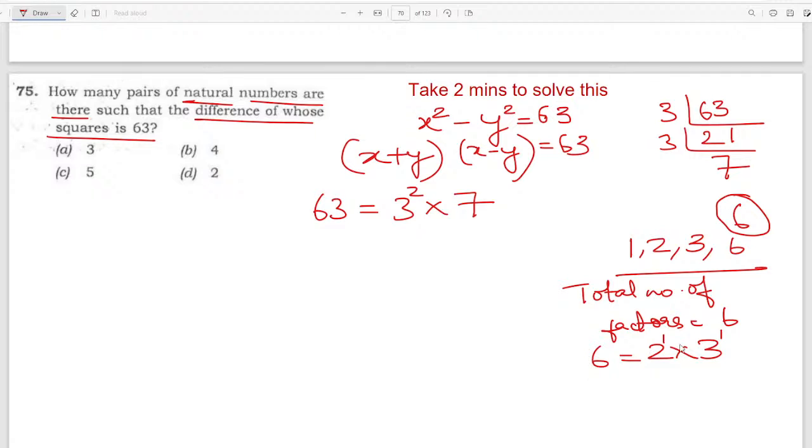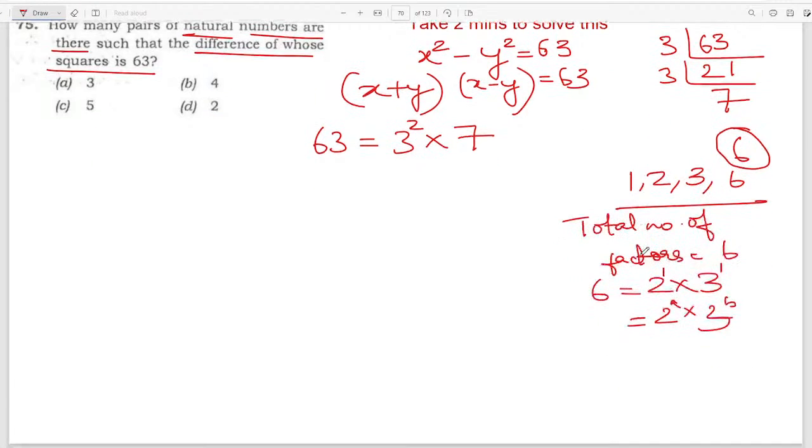For example, if this is 2 raised to a into 3 raised to b, we have to add 1 to each exponent. The total number of factors is given by a plus 1 into b plus 1.